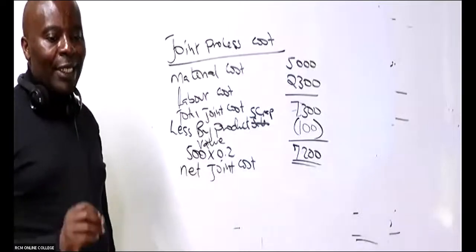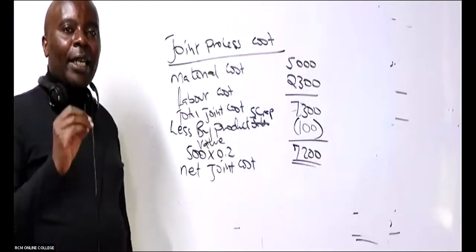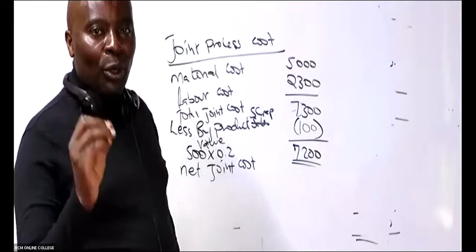So now these net joint costs are the ones that are supposed to be apportioned.